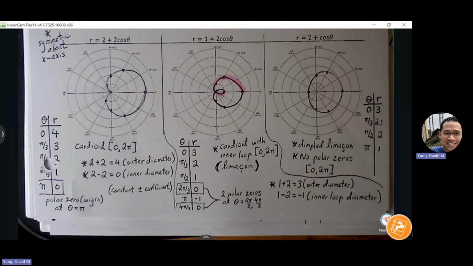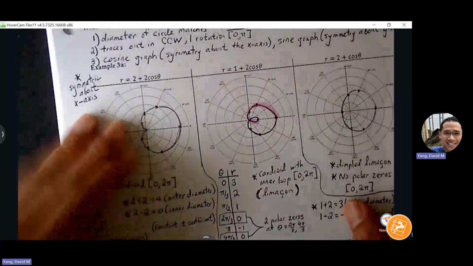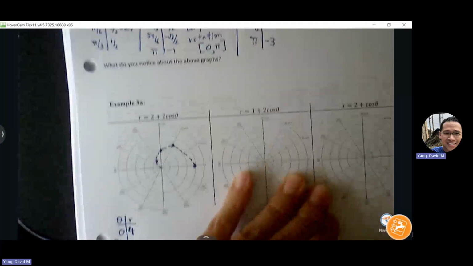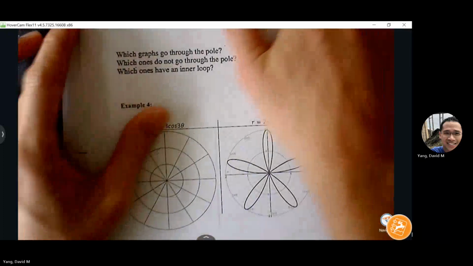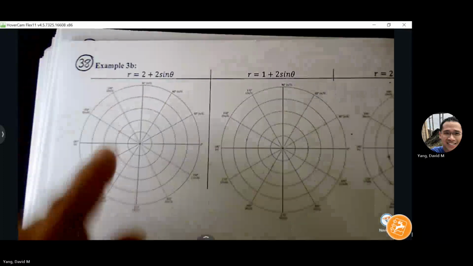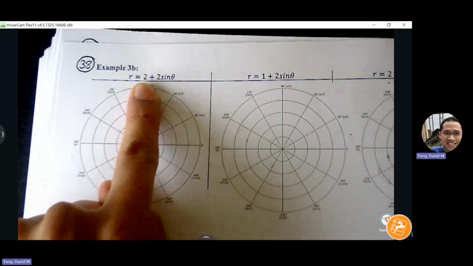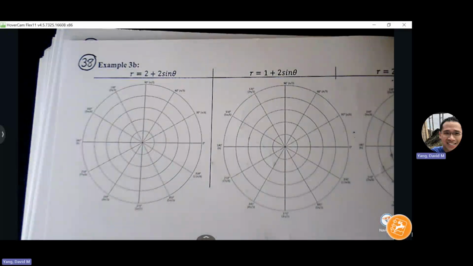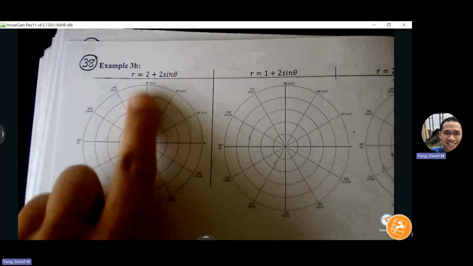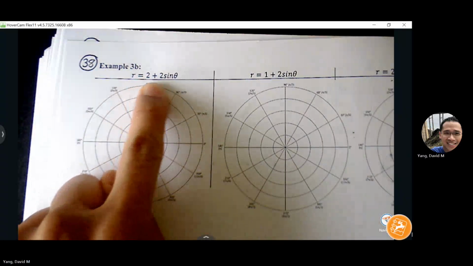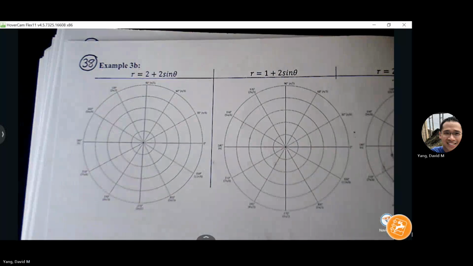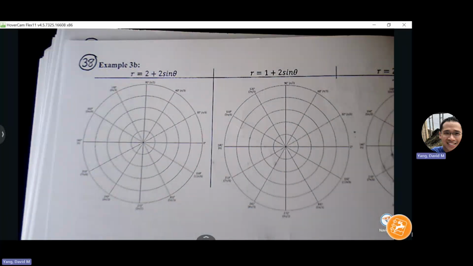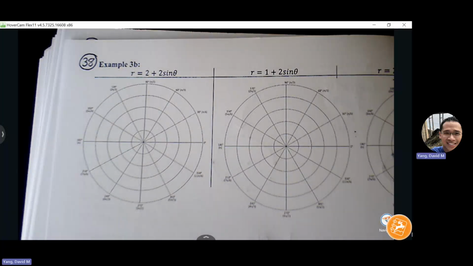So using your calculator and also using your graphing, see if we can decide what's going to happen with the next set of graphs. So this is page 38. Okay, what do you think is going to be different? If you had to guess, what do you think is going to be different about this graph, 2 plus 2 sine theta? Yeah, heart shape, but now it's going to be symmetrical about the y-axis.